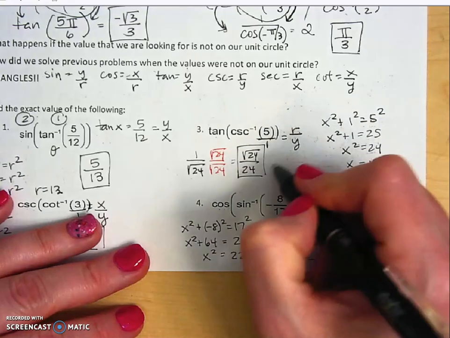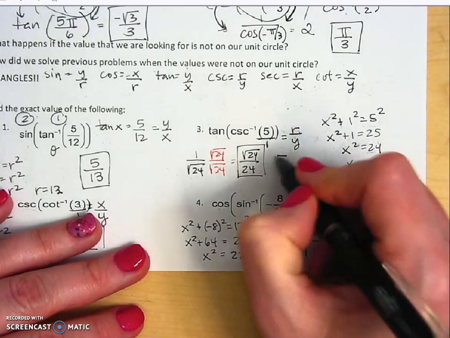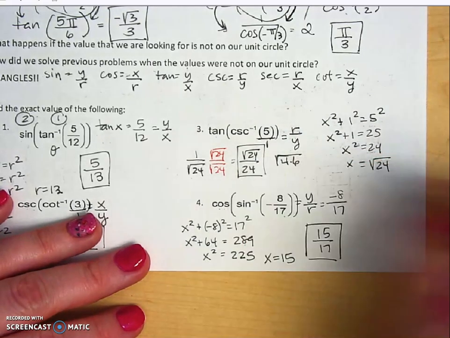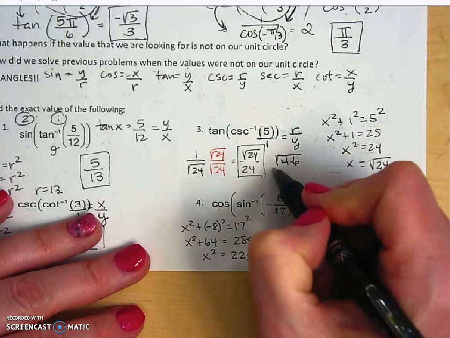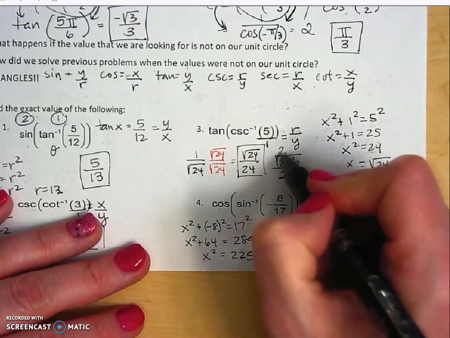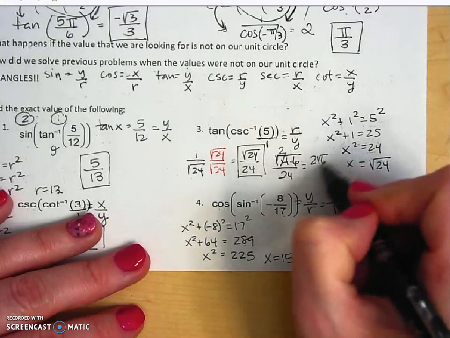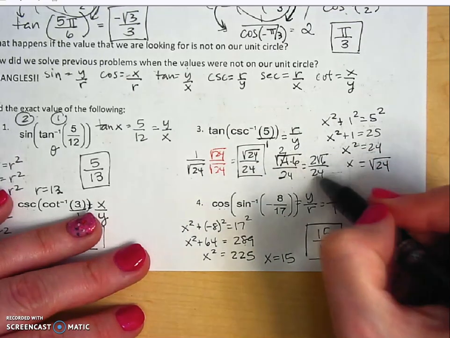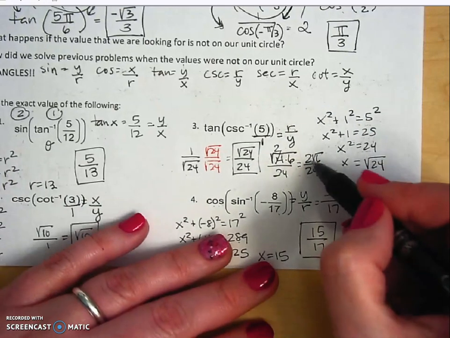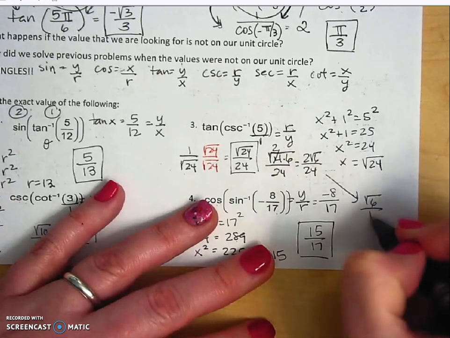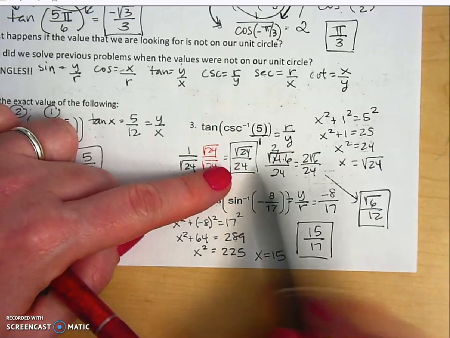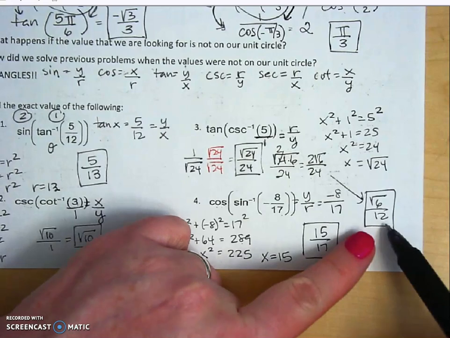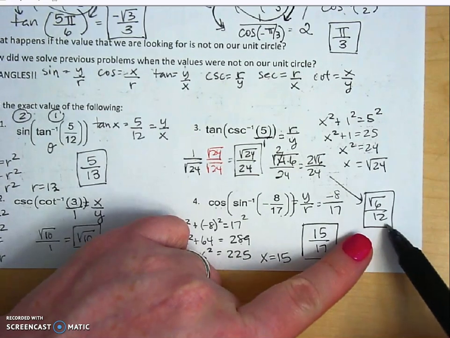So rad 24 is the square root of 4 times 6. That square root of 4 simplifies to 2. So this is 2 rad 6 over 24. 2 over 24 simplifies to 1 over 12. So I would take this answer as well. This is not wrong, but it's also not simplified. So the simplified answer is in this form.